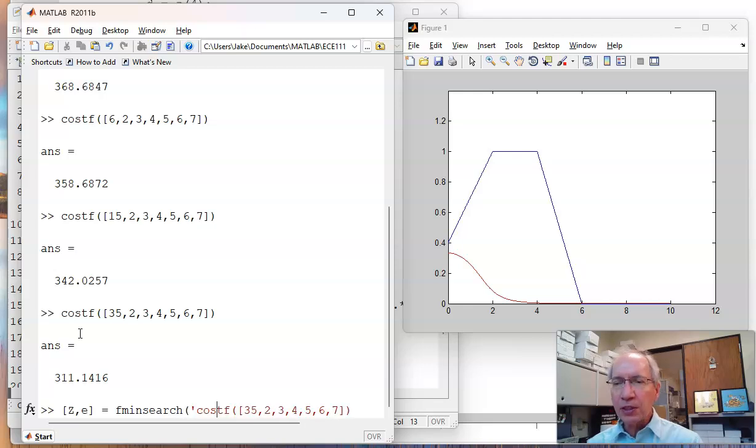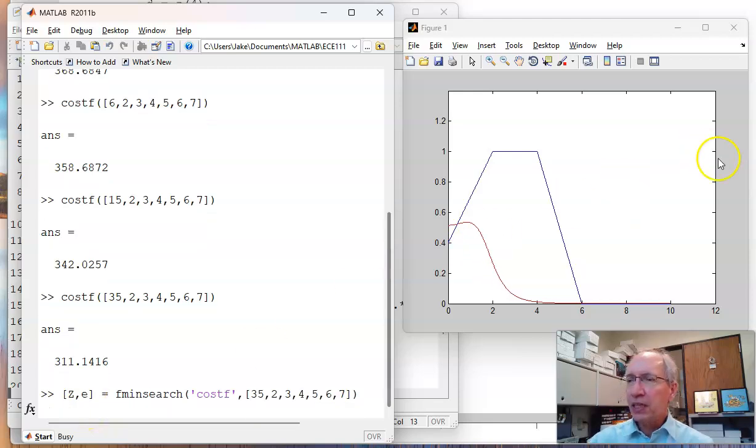So here I'm going to call the function fminsearch. What fminsearch does is it will say, let's minimize this function, cost f. Here's my initial guess. That's the resulting numbers and resulting error. Basically take those 7 numbers, can I do better?